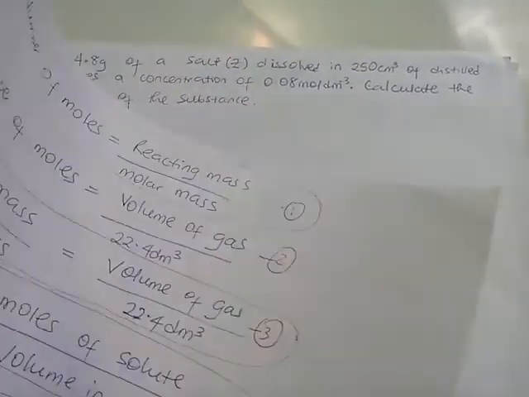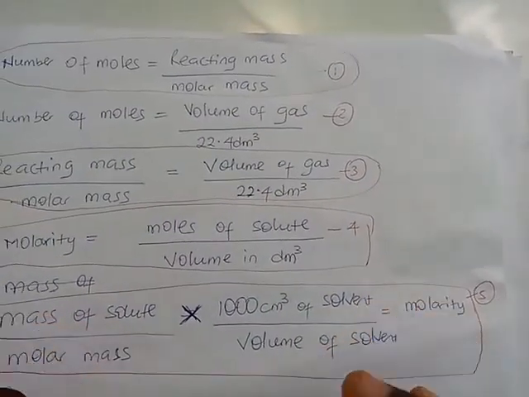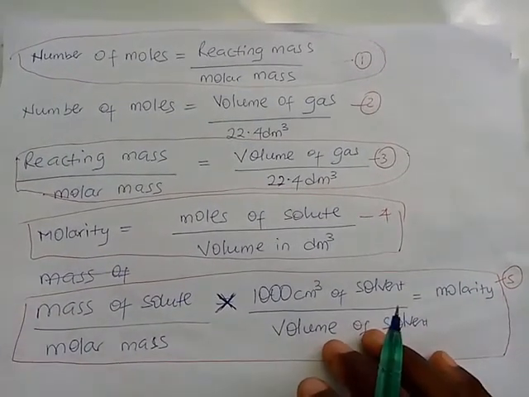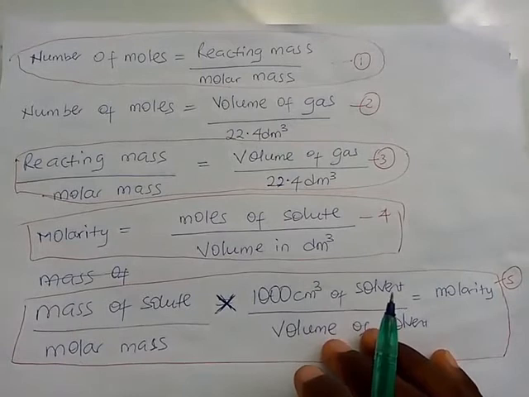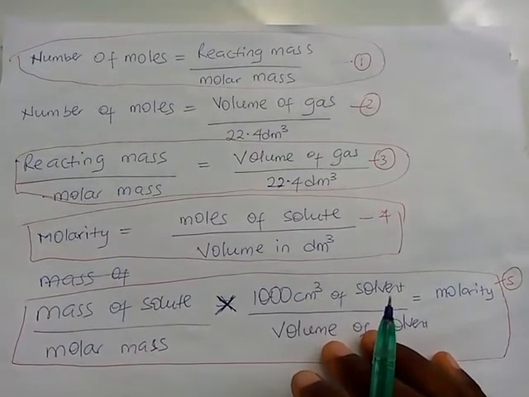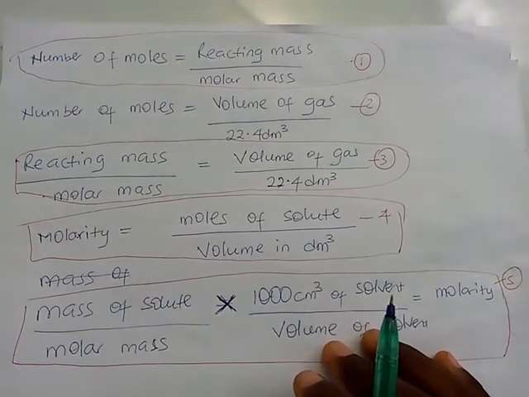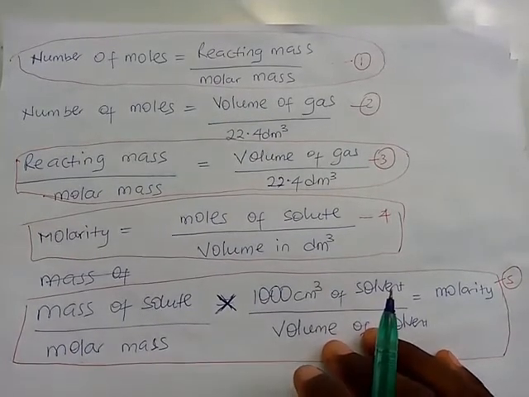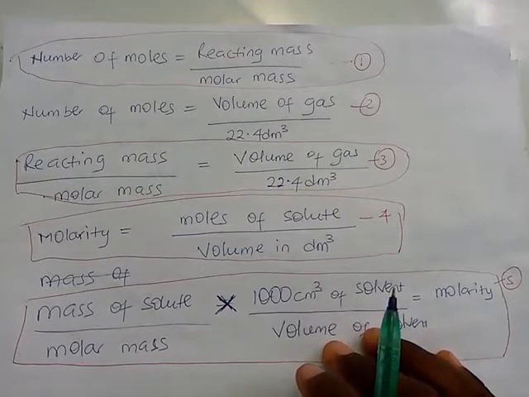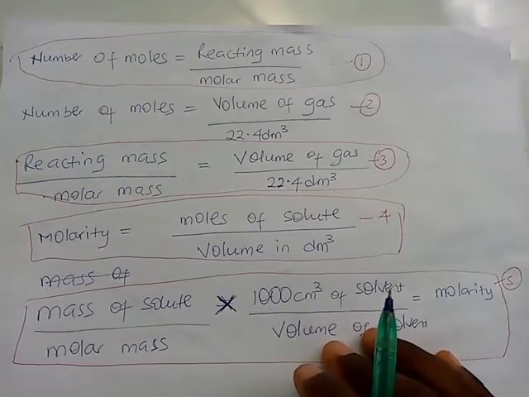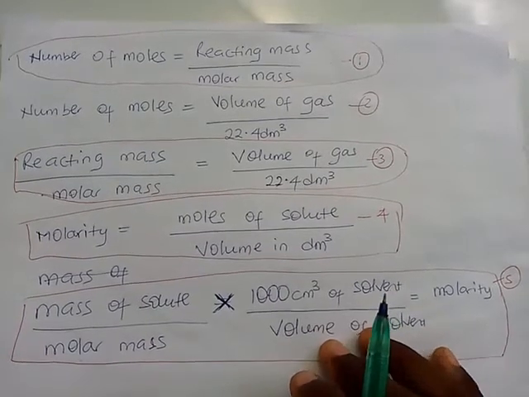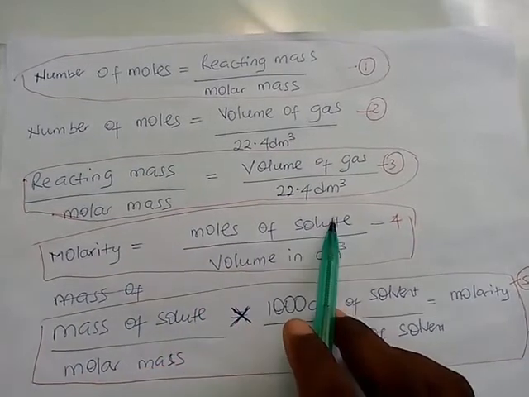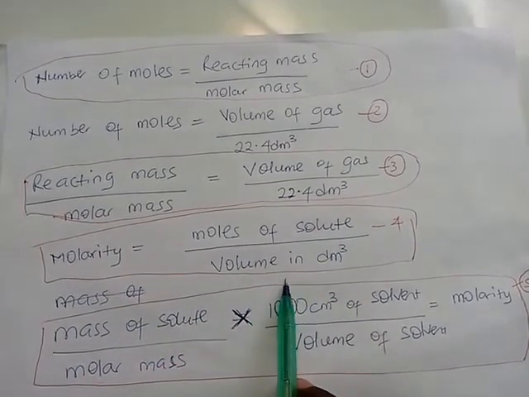When I was introducing this, I said we are going to solve some exercises that deal with molarity, because mole has a relationship with volume. If we are considering a gas, we deal with molar volume. But the relationship between moles of a substance and volume for a liquid, you see that spelled out when we are considering topics like molarity and solubility. So I gave this formula then, that molarity is equal to moles of solute all over volume in dm cube.